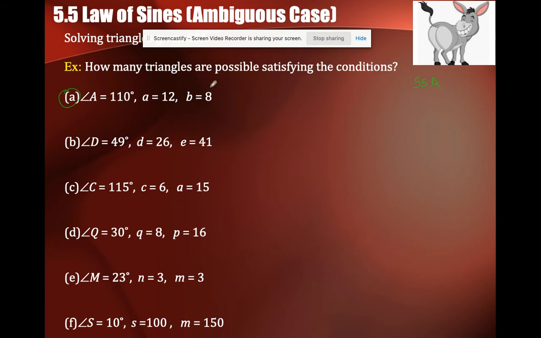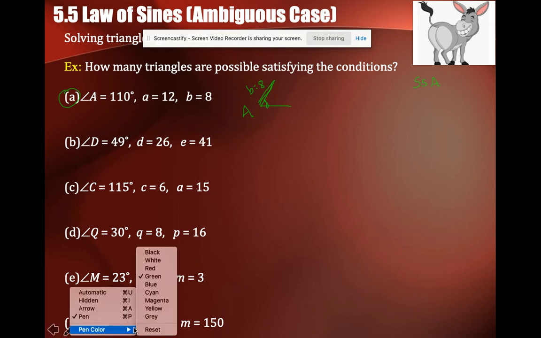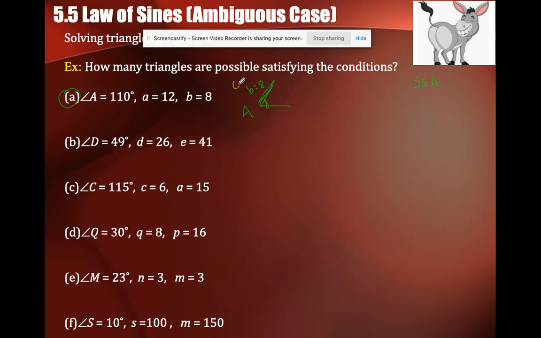So for example, A is the non-included angle. B is connected. And then you've got your swing side, and your swing side is coming from here, and you're told that length is 12.